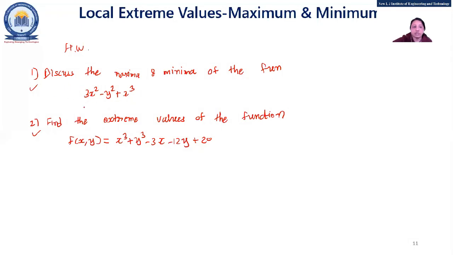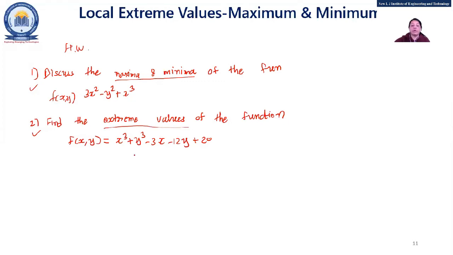So these two sums you have to solve yourself. Discuss the maxima and minima of this function. So this is my f(x, y), and find the extreme value. Either it will be asked directly to find maxima and minima, or extreme values.